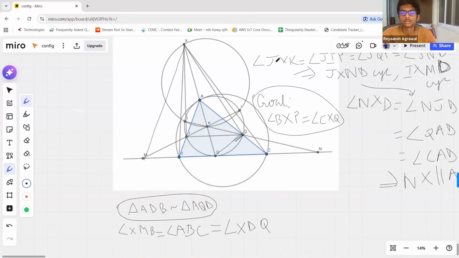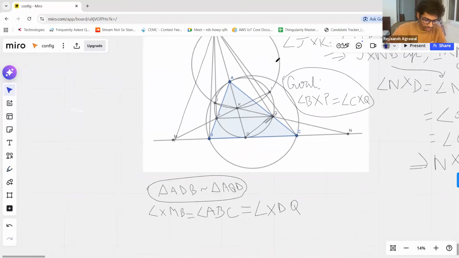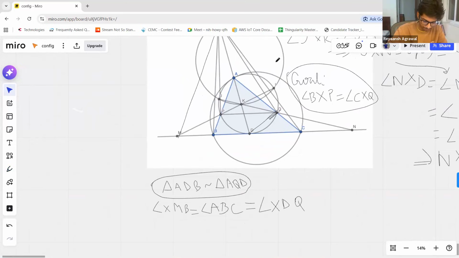Yes, they must be similar, because we have XMB equals XDQ already. Can we do anything with length ratios?